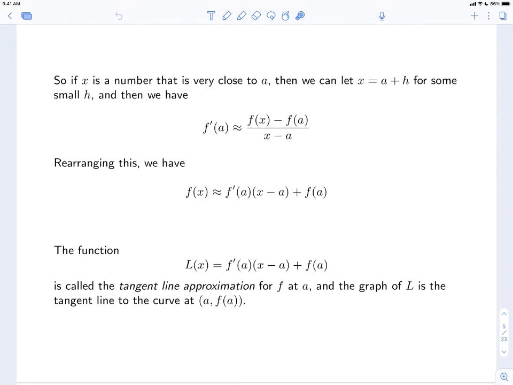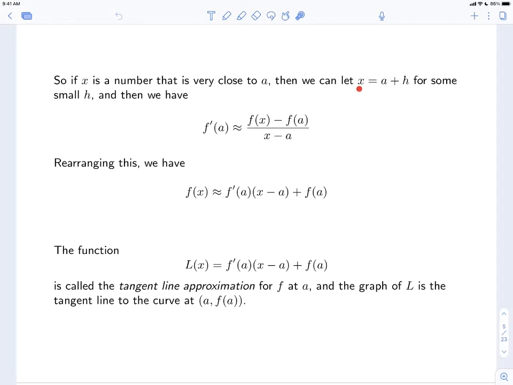So if x is a number that is very close to a, then we can think of x as being a plus h for some small h, and then we have that f prime of a is approximately equal to the difference of the y values divided by the difference of the x values. f at x minus f at a in the numerator, and in the denominator we have x minus a.